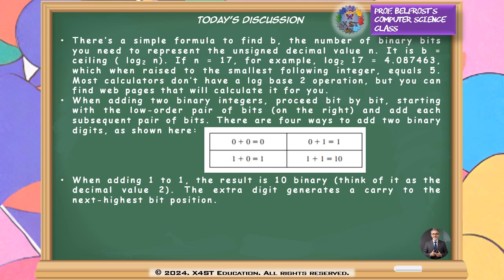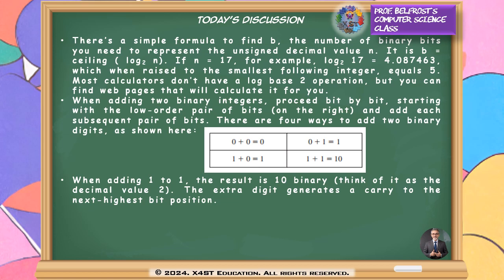Okay, great. So pay attention. You have seen before that when we add 1 plus 1, the result is 10. Actually, not ten, but 10 binary, and this equals the decimal value of 2, because 0 times 2 raised to the power of 0 plus 1 times 2 raised to the power of 1 results in 2, right?